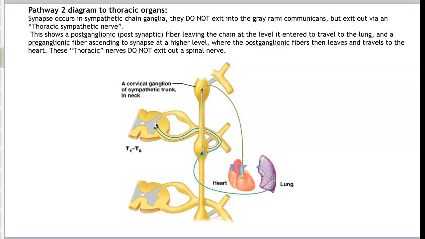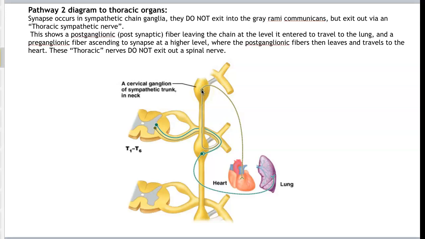This other one, the gray one, same thing: lateral horn, ventral root, spinal nerve, entering the sympathetic chain at the white ramus. We're not going to synapse right away. We're going to go up the chain, and we're going to synapse at this sympathetic ganglion up here, release acetylcholine.